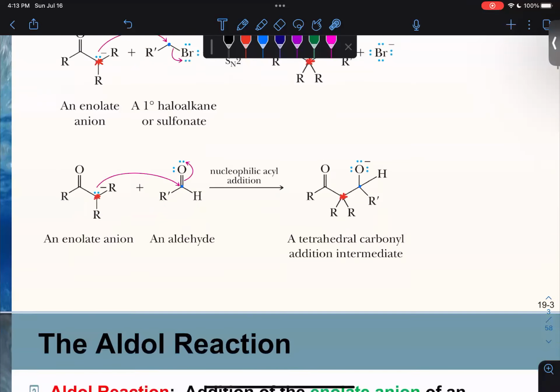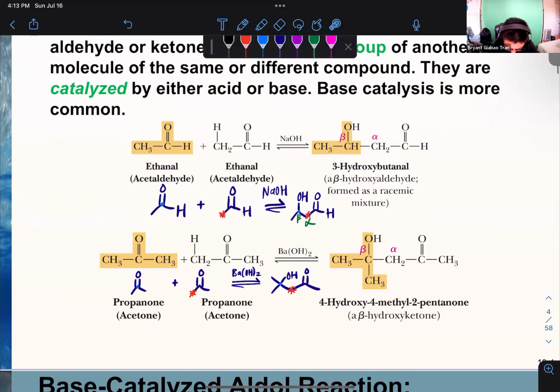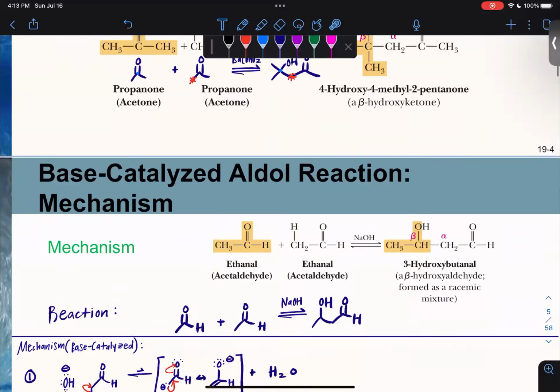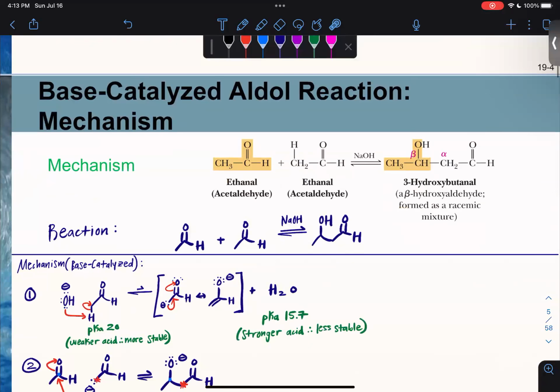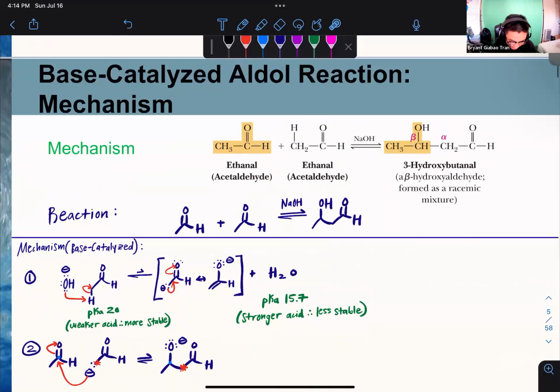No. Okay. Aldol reaction. Do you just want to go over the slides that you're confused on? Because I think you already understand the Aldol reaction, or do you want to go over every slide? I feel okay on the Aldol reaction. I've definitely been doing a lot more base catalyzed than acid. Yeah, base catalyzed is the more common version than the acid catalyzed.